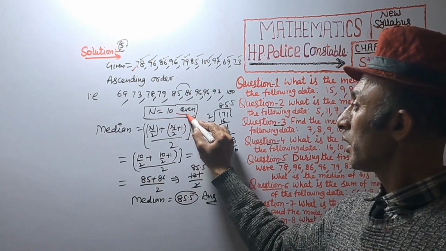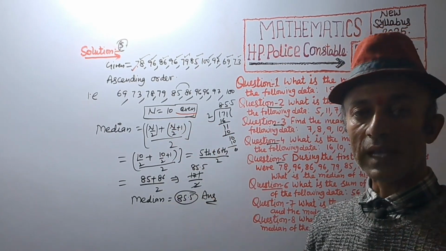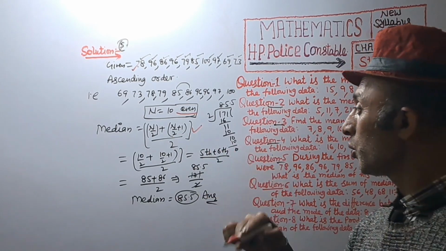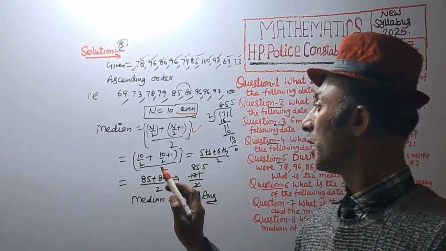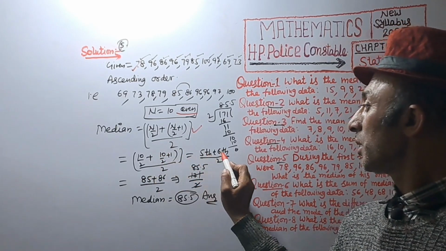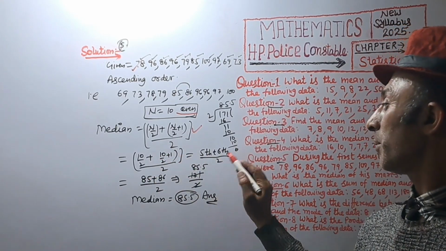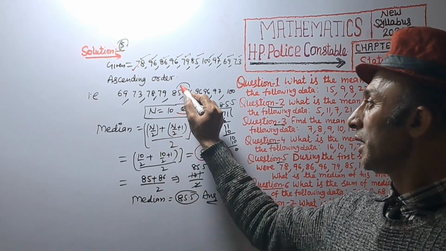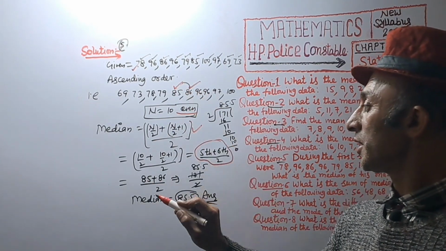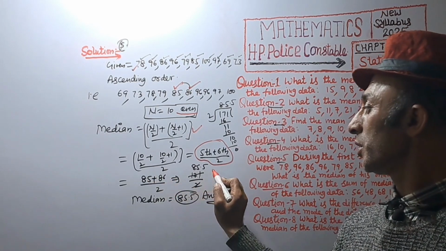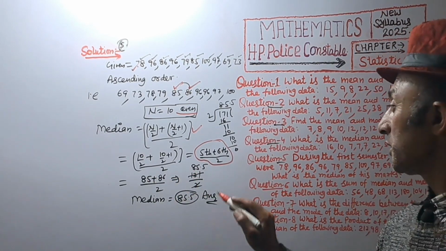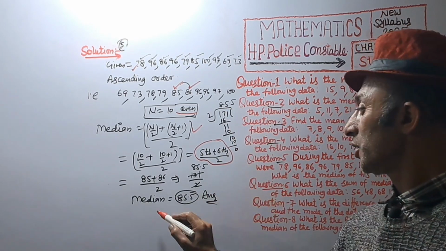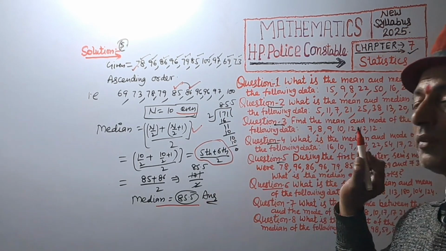If total number is equal to 10, which is even, so median equal to n upon 2 plus n upon 2 plus 1th term divided by 2. 10 upon 2 is 5th, and 10 upon 2 plus 1, 5 plus 1, 6th term divided by 2. 5th term is 85 and 6th term is 86. 85 plus 86 upon 2 is 171 upon 2, which divided by 2, we get 85.5. So median equal to 85.5. Answer.